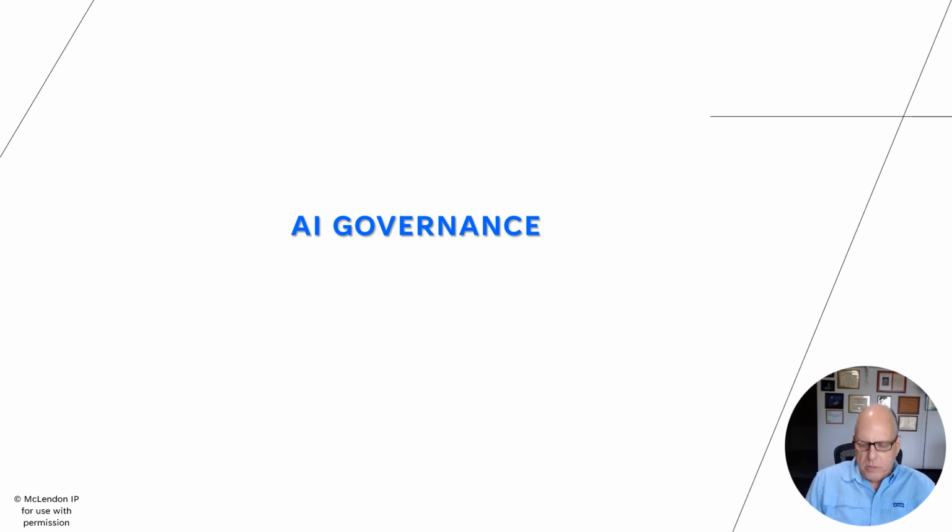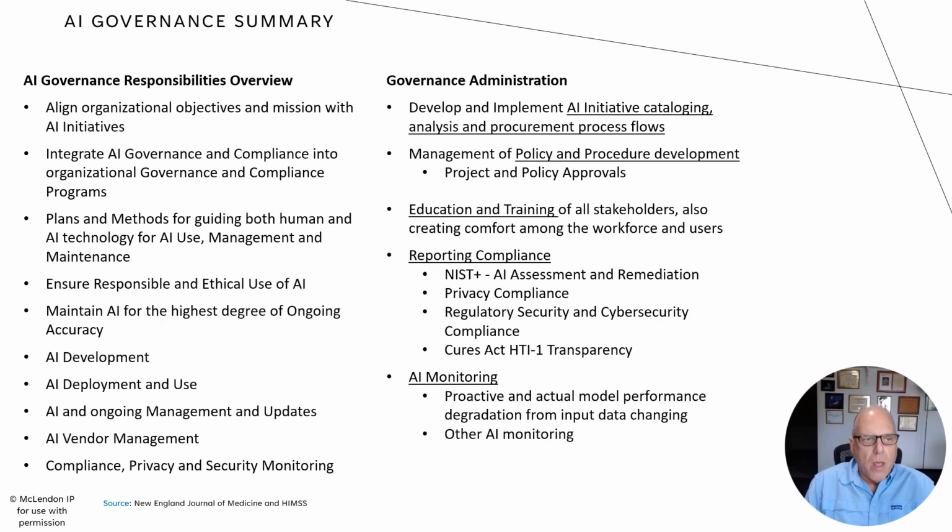AI governance. An AI governance summary is really squeezing a lot here into a couple of slides. So AI governance responsibilities include aligning organizational objectives and the missions of the organization with the AI initiatives it's undertaking.